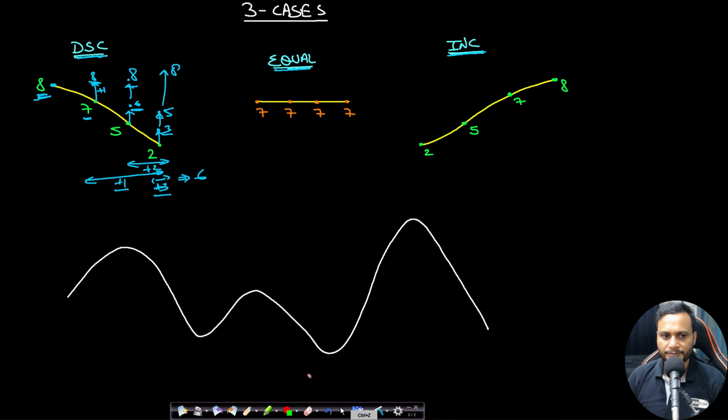I can just move from this 8 to 7 and add up the delta value, which means plus 1, the difference, because that difference has to be compensated. If I move from 7 to 5, I add up this delta value plus 2. If I move from 5 to 2, I add up this delta value plus 3. Why are we adding the delta values?